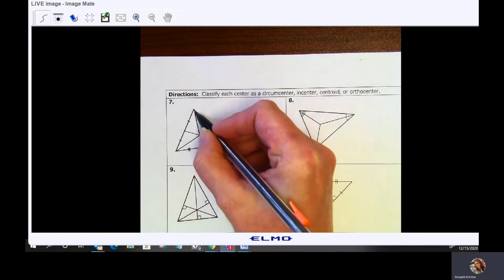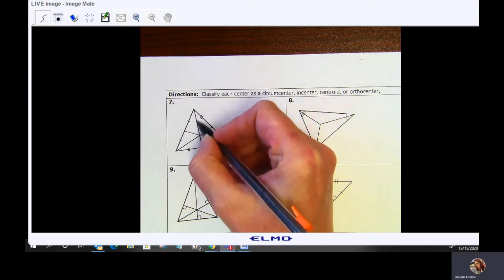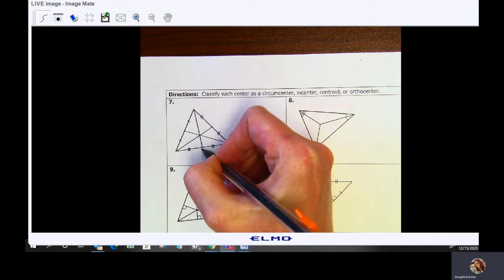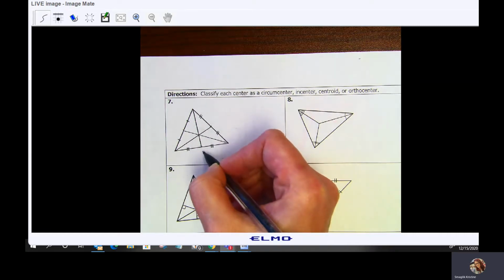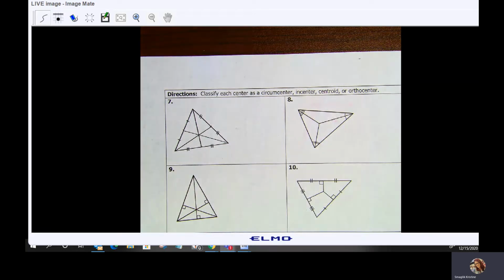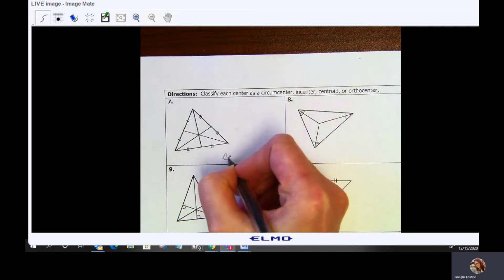And if I look at these lines, they are all coming down from the vertex. Now I kind of have two different options here. This could be a circumcenter or a centroid. But remember, a circumcenter is formed by perpendicular bisectors, so you would be seeing some perpendicular lines. We don't have any perpendicular lines here, so this is a centroid.